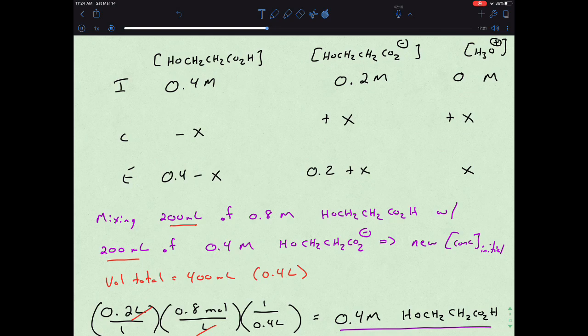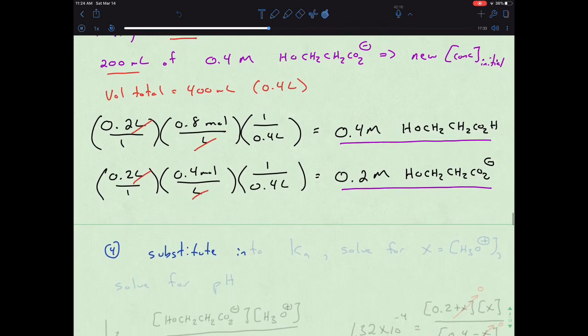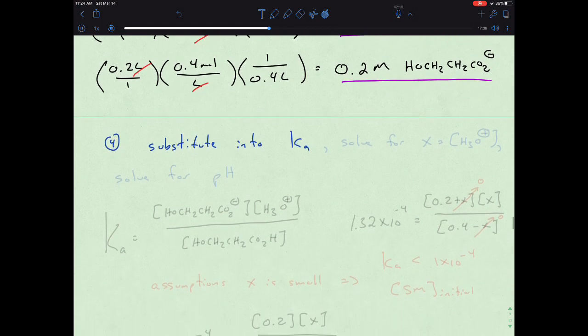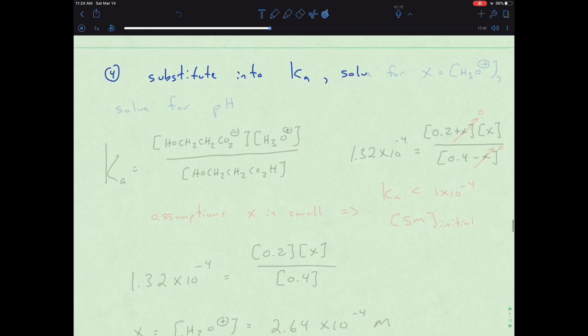Now that we've figured out the concentrations at equilibrium, we can go to the fourth step, which is to substitute into Ka. Once we have it substituted, we want to solve for X. Remember, X is equal to the hydronium ion. Once we have that, we can solve for the pH and answer this question.